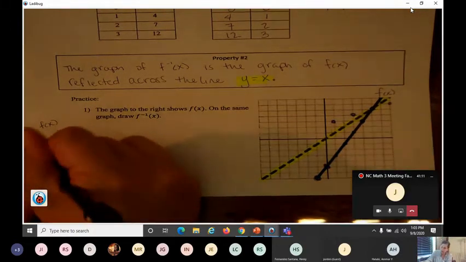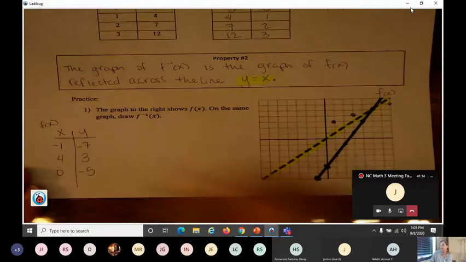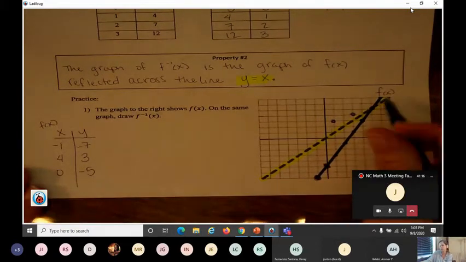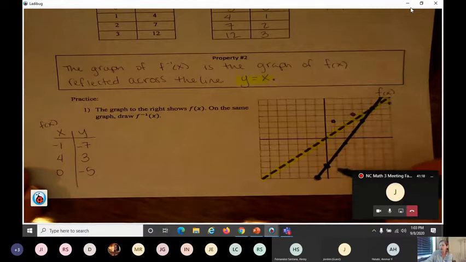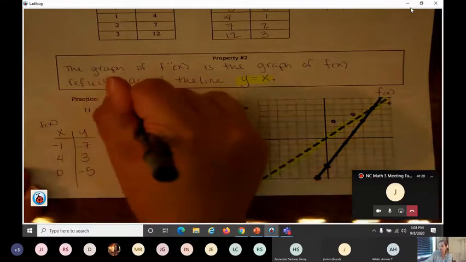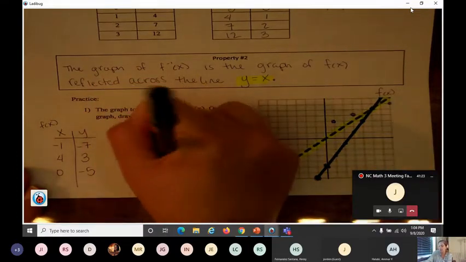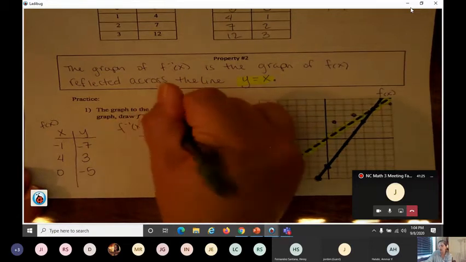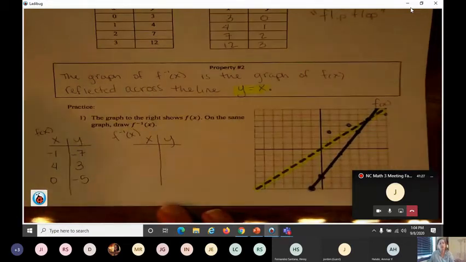Okay, so 0, -5. So those kind of give me some points that are dispersed across this line. And to find my inverse function, all I have to do is flip-flop all of those. Okay, so I need to flip-flop all those point values.